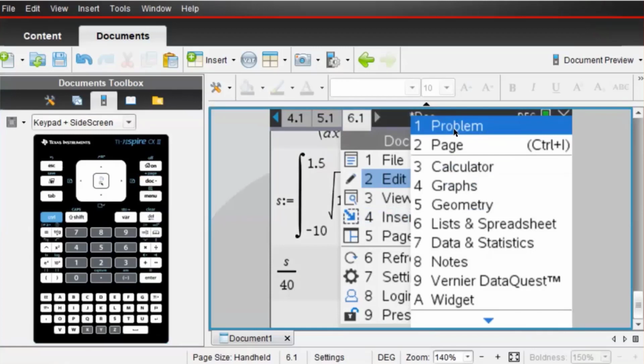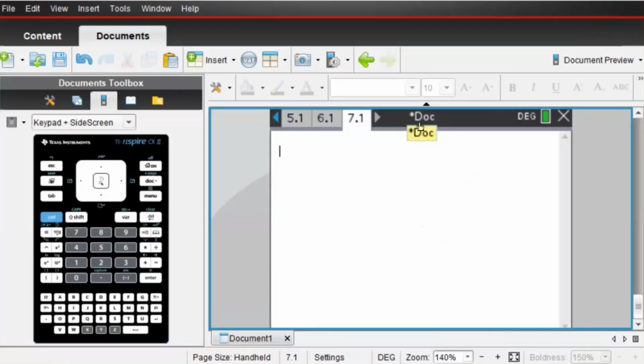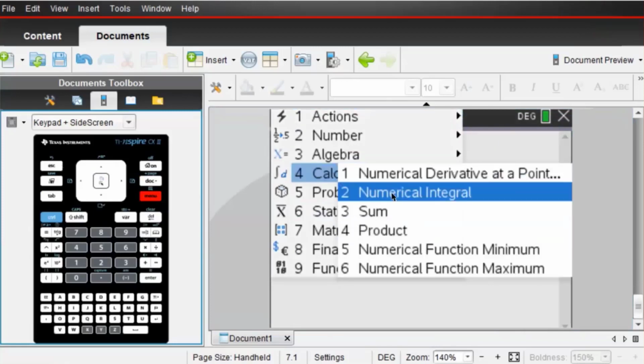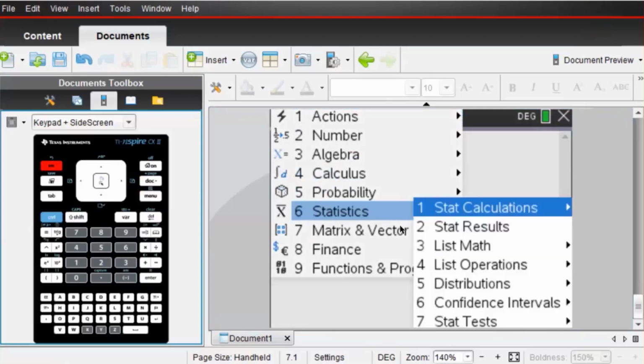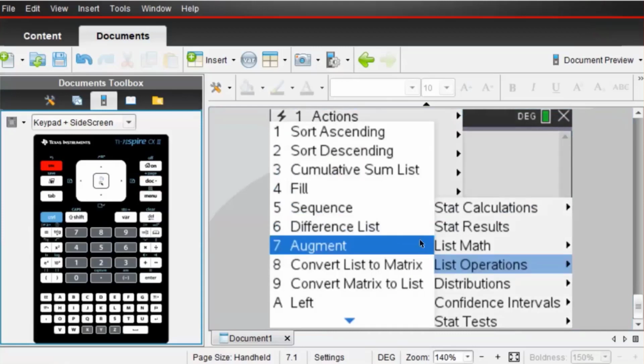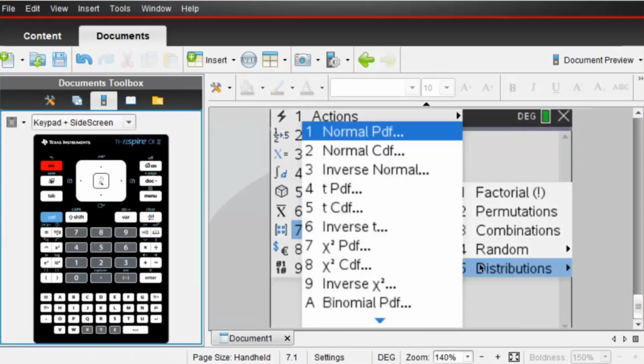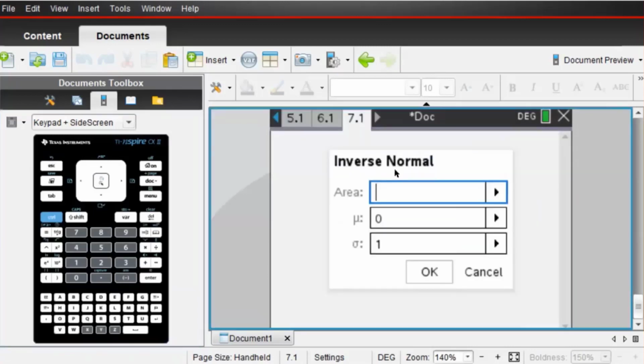Once again, I'll just insert a new problem and add a calculator page. Now, let's define some variables here. First of all, we want to check our z-score. If I want inverse normal, probability distributions, inverse normal for 99%, then I've got 0.01 in both tails combined.